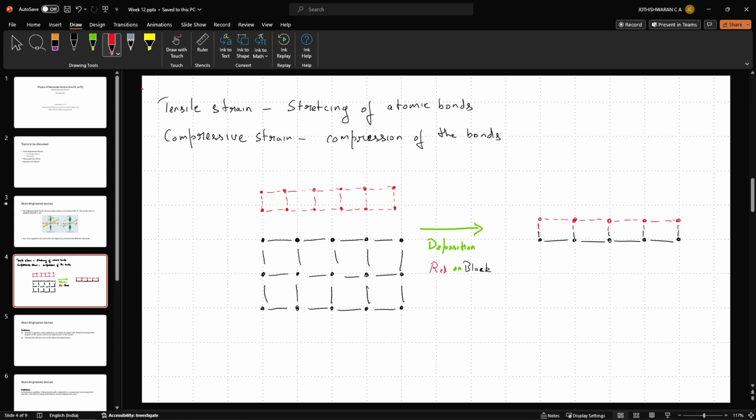So initially, if this was some A prime and if this was A, let me just color code this. I should have done this before. And if this thing is A prime, now what will happen is even this will become A prime. So I have A prime above and A prime below.